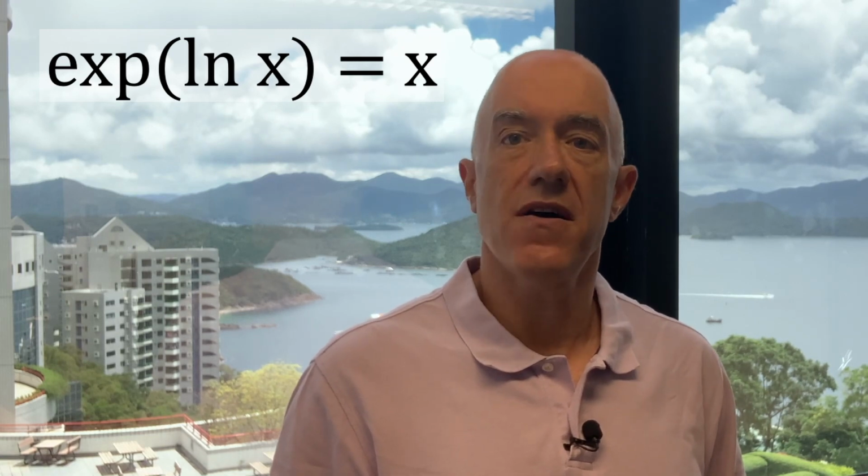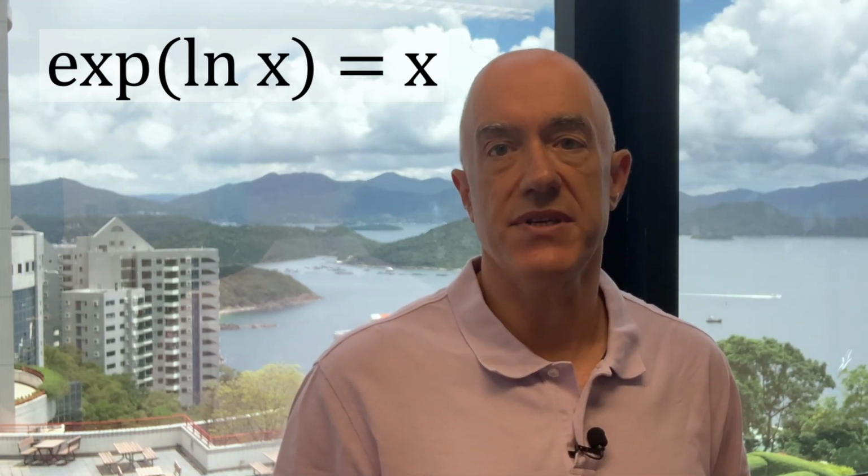We may as well also find the equation for the inverse of exp and call it the natural logarithm with the symbol ln. Because exp and ln are inverse functions, they satisfy the relation exp(ln(x)) = x.